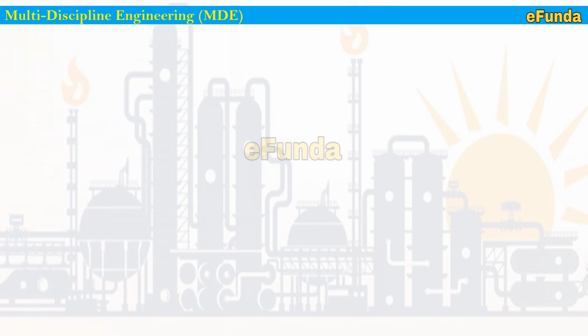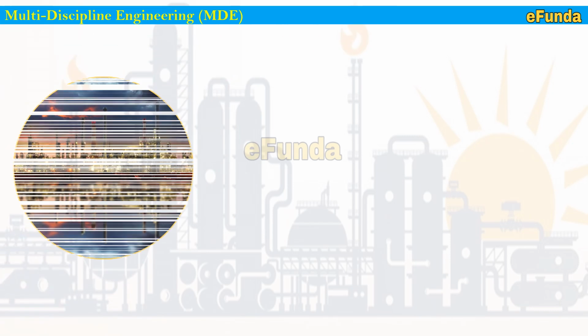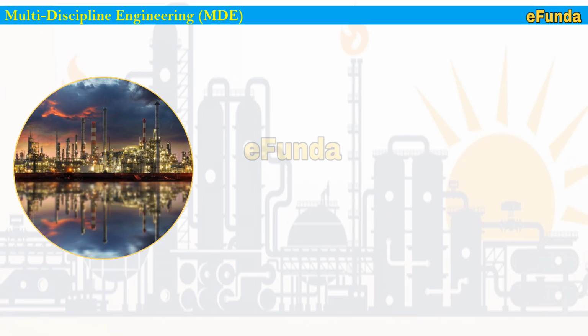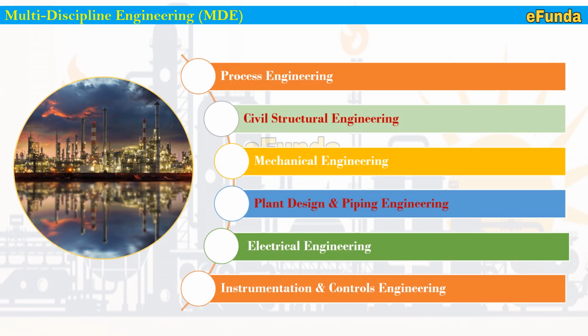Part of a multidiscipline engineering, that is MDE. One can refer to the picture where the industrial plant is shown, and another picture where various disciplines are shown. First, starting from process engineering, civil structure engineering, mechanical engineering, plant design and piping engineering, electrical engineering, instrumentation and control engineering.